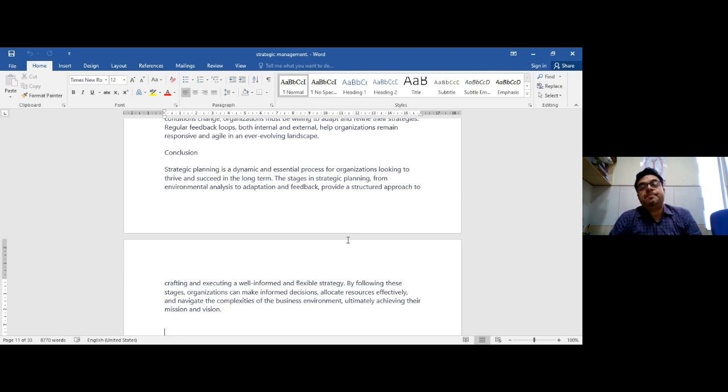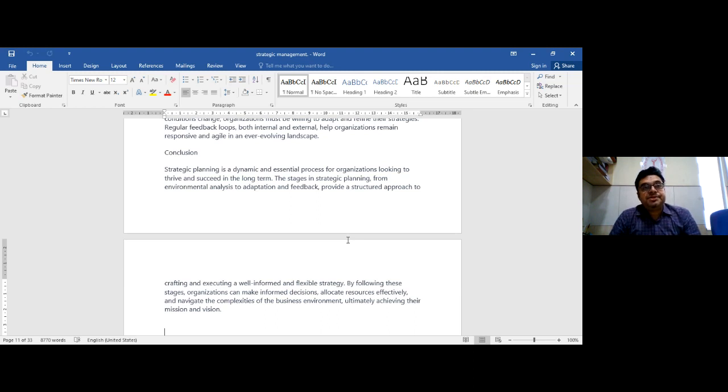The stages in strategic planning, which begins right from the stage of environmental analysis, ultimately to adaptation and feedback, which also would involve formulating a structured approach to the crafting and executing a well-informed and flexible strategy. So that is where it is important and essential.